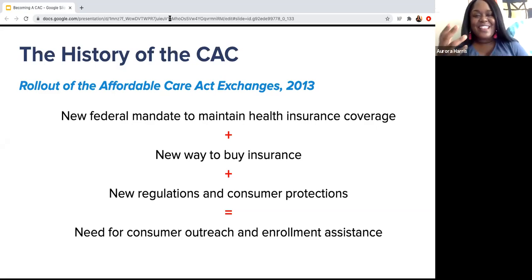You had people who hadn't shopped for a plan in a really long time because they had a pre-existing condition. You had all these new rules and experiences that people were coming with. So there was this need for more consumer outreach and enrollment assistance. Therefore, the Navigator and CAC programs began.